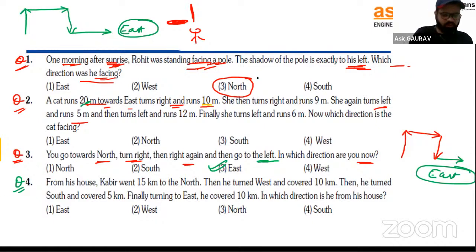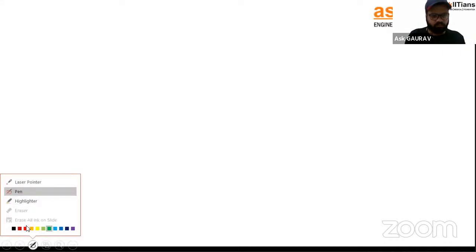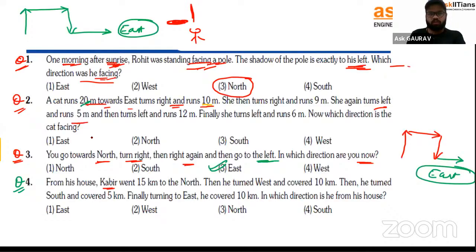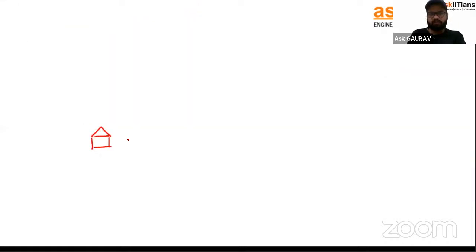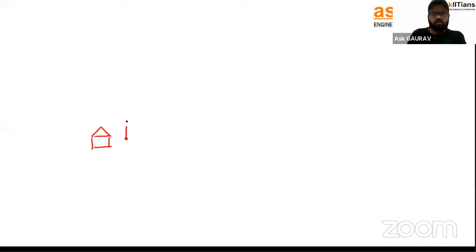Okay, see how to do the question number fourth. From his house, Kabir went 15 kilometers to north. North will be this one, 15 kilometers.